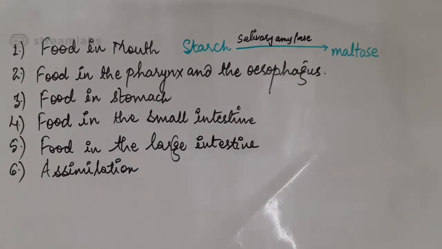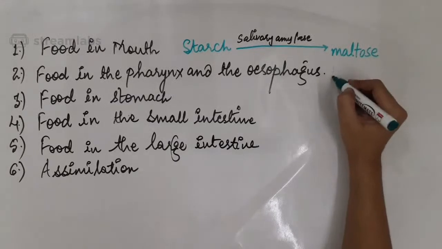And the food is swallowed into the pharynx and then passes through the esophagus. Here you can write through peristalsis.